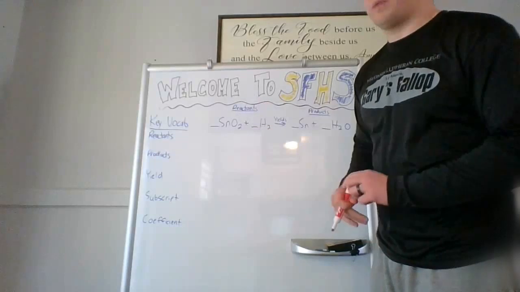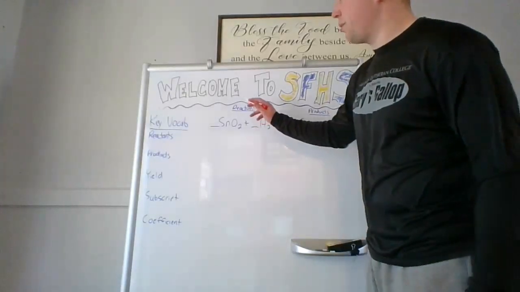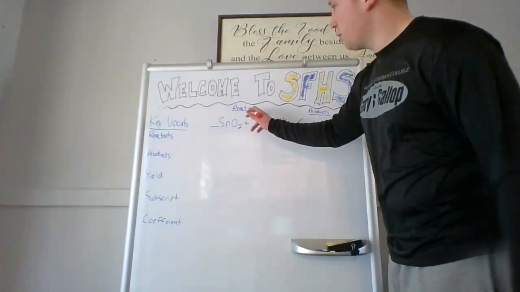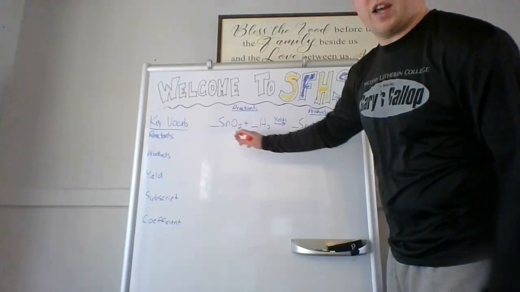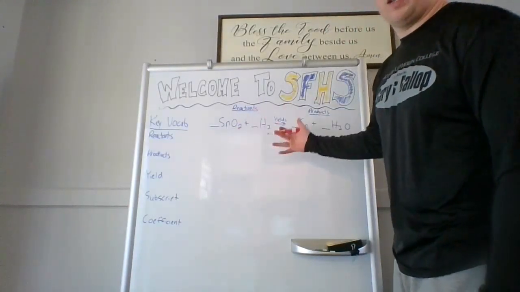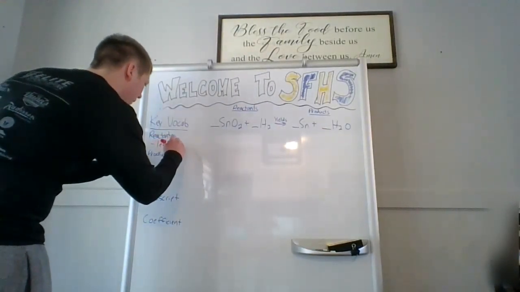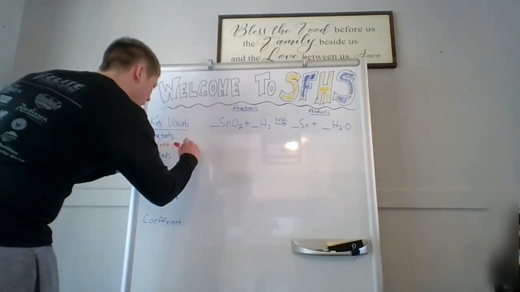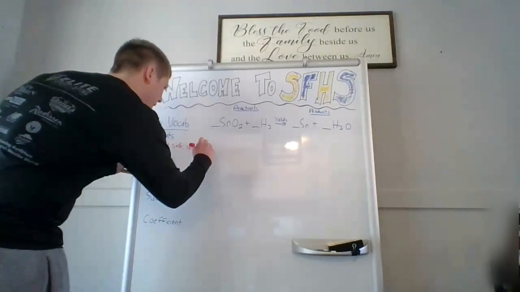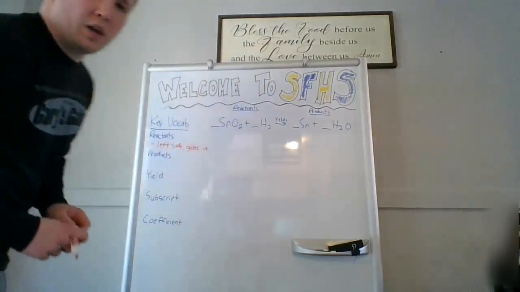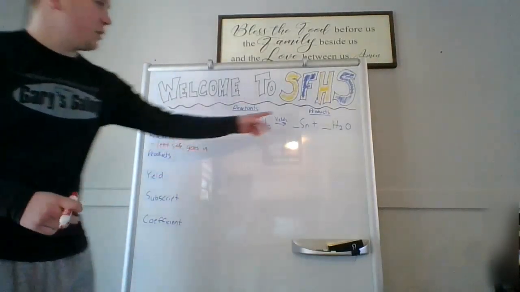So let's go through some of the key vocab here. The first one being reactants. What's labeled right here, the reactants, is the left side of the equation, or what goes into the reaction. So I'll just write left side, goes in. The next one we have is the products.